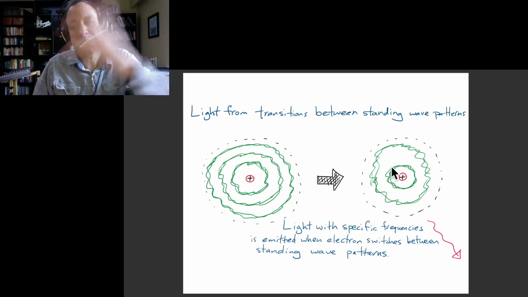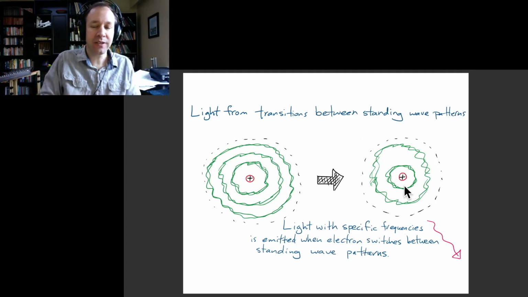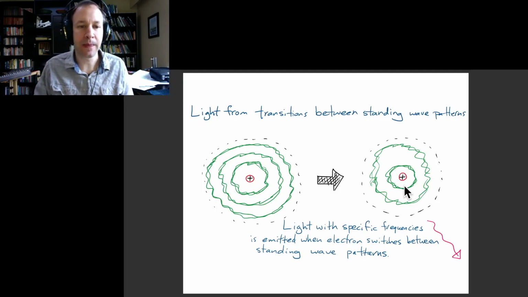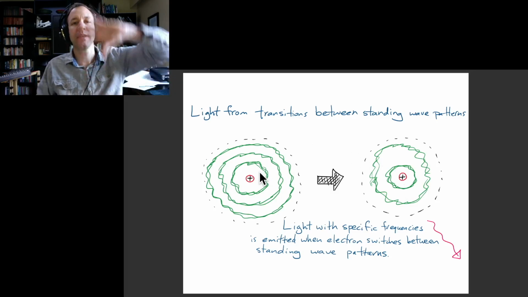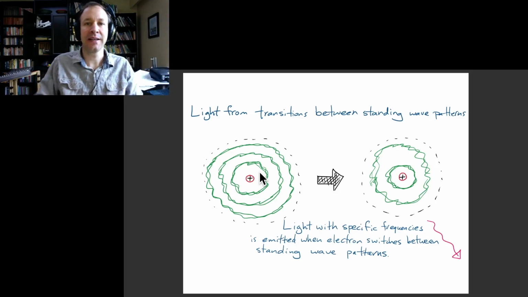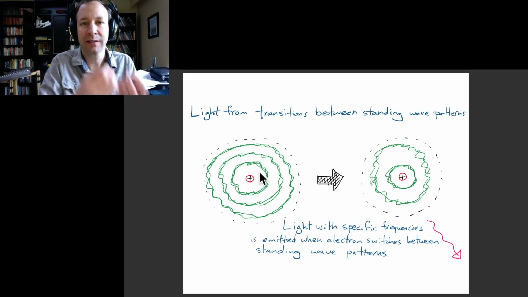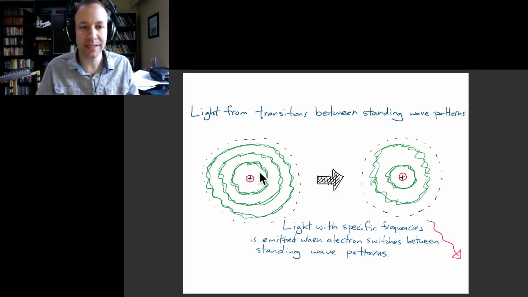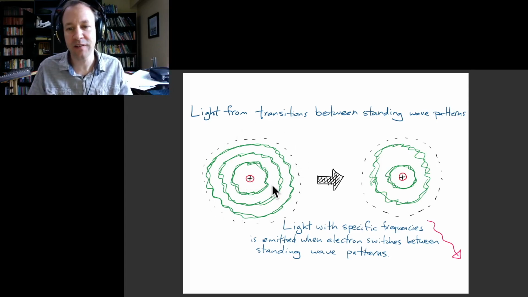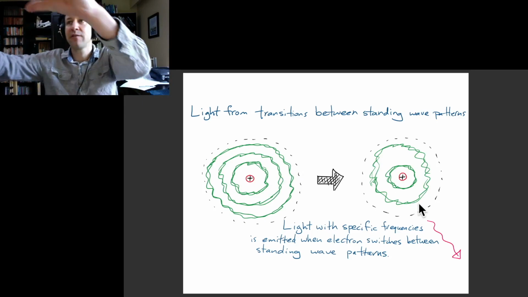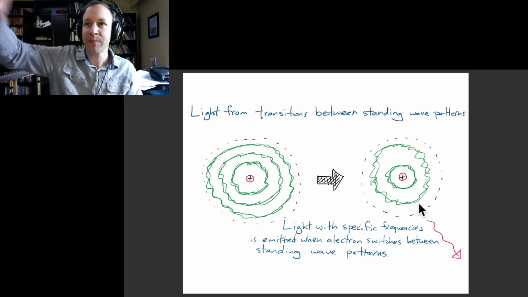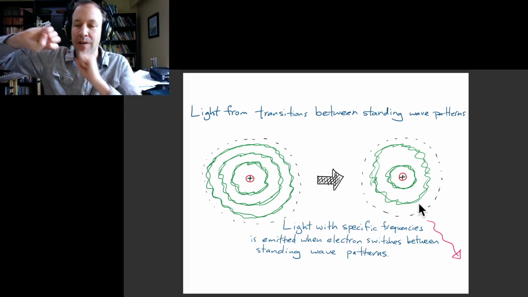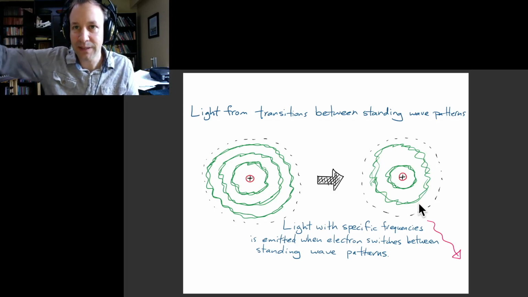And when it does that, usually some energy is released because the patterns with a higher frequency also correspond to configurations that have a higher energy. So when the electron goes from one standing wave pattern to the other, some energy is released, and that energy takes the form of light with a specific frequency.